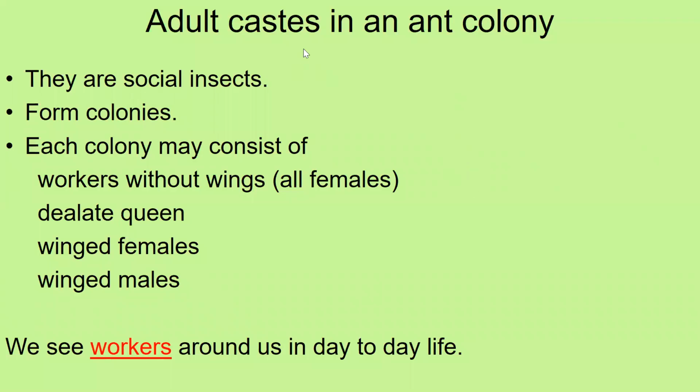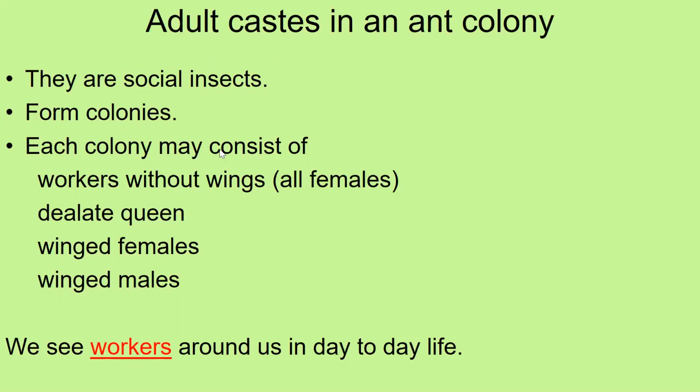Now I would like to introduce the adult castes in an ant colony to you. There are castes, right? CASTES. There are castes in any ant colony, so I want to explain that to you first. Ants are social insects. Social insects means they have adult castes, and they form colonies.